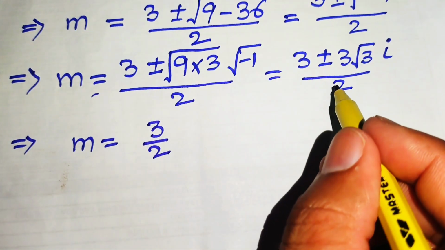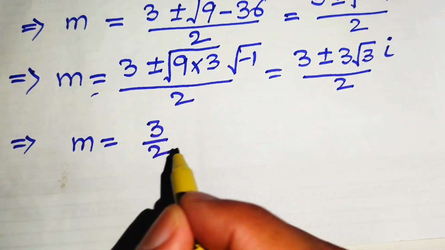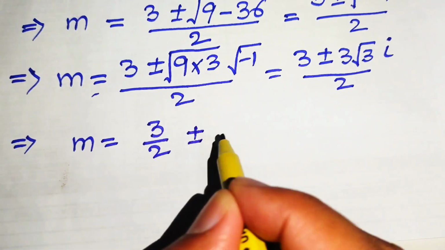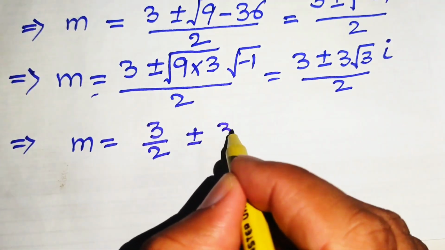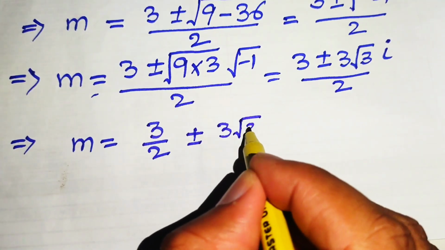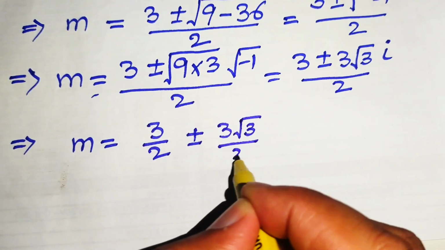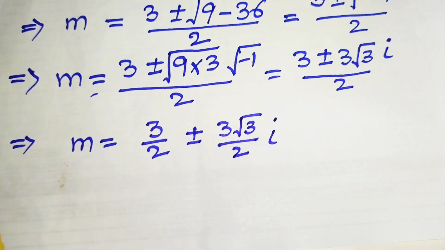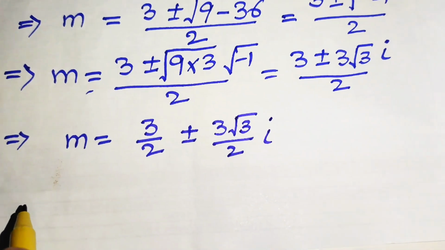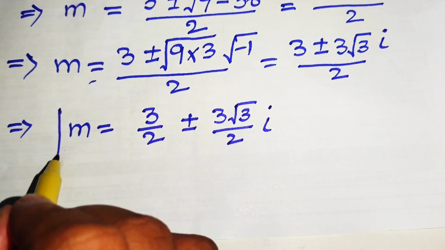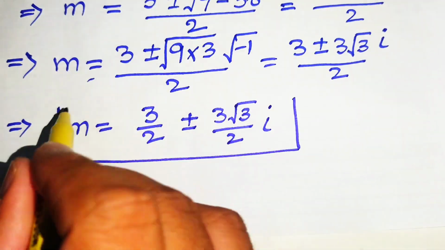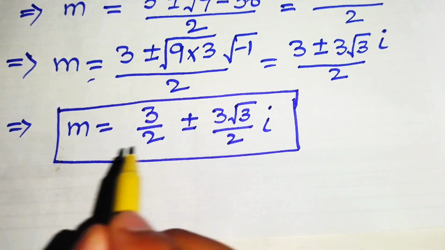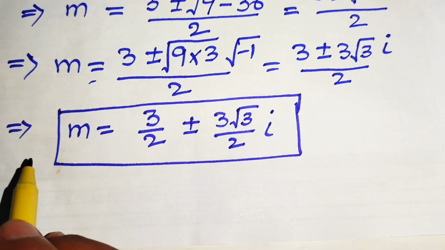Here we separate the fraction and we get 3 over 2 plus minus 3 into square root of 3 divided by 2 into iota. So these are the other two complex roots of the given equation.